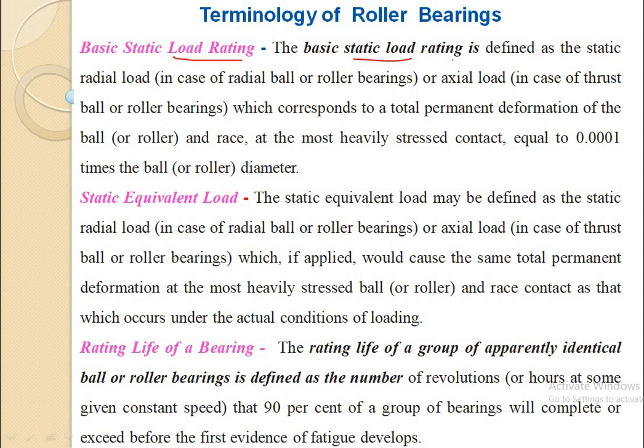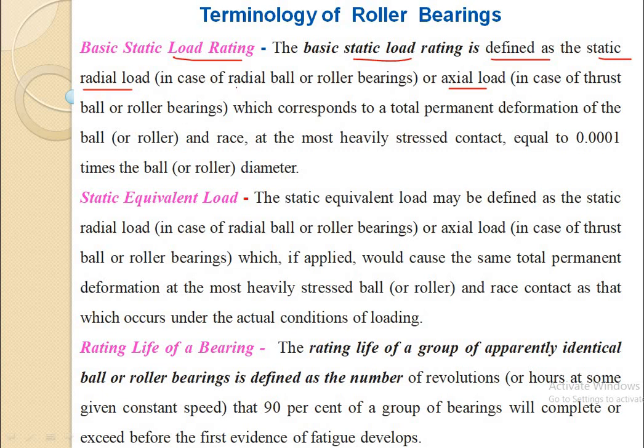The basic static load rating of a bearing is defined as the static radial load, the load acting in a radial direction in case of ball or roller bearings, or axial load in case of a thrust ball or roller bearing.